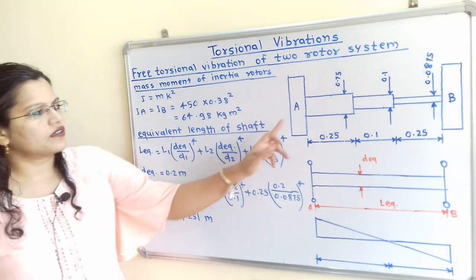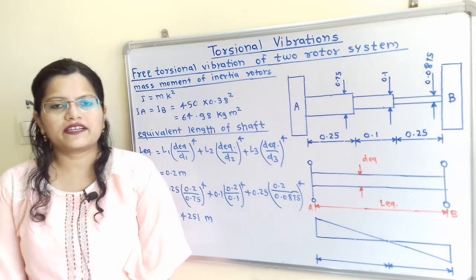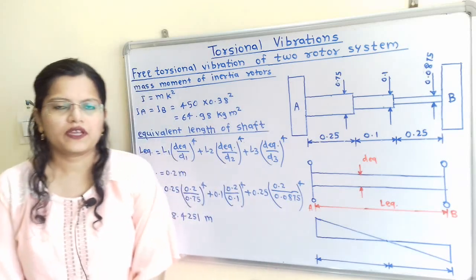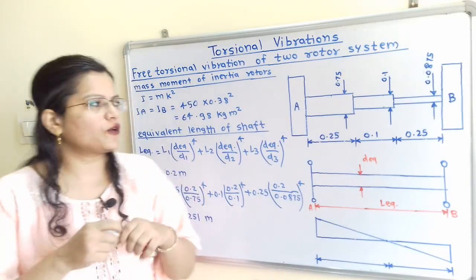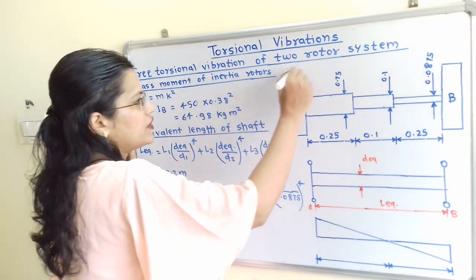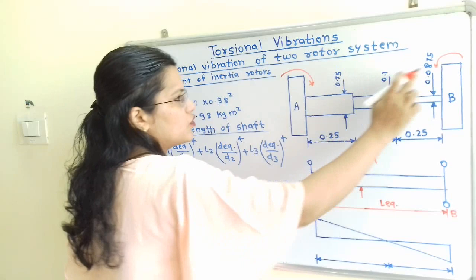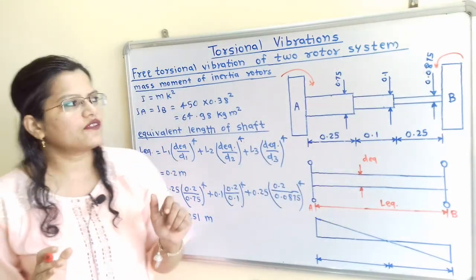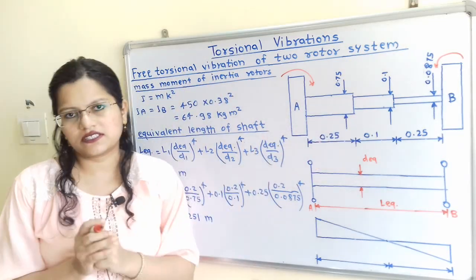Now the two rotors A and B are identical. We will calculate the mass moment of inertia for these two rotors. These rotors rotate in opposite directions to each other, and therefore free torsional vibration occurs in the system.